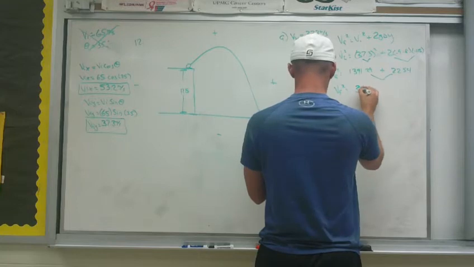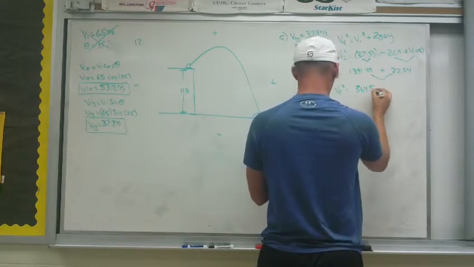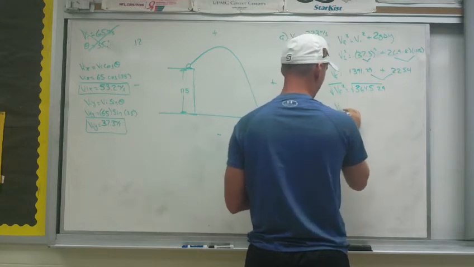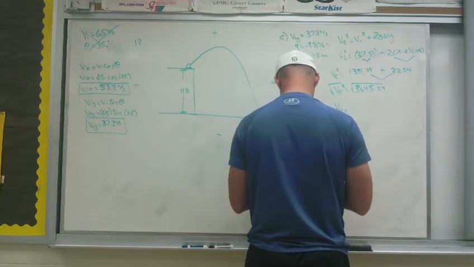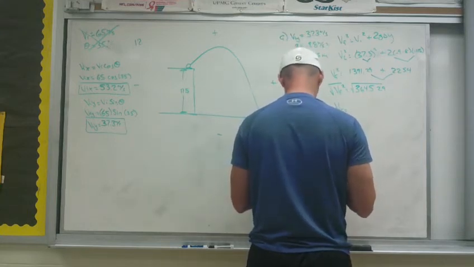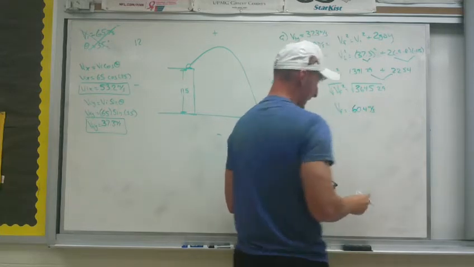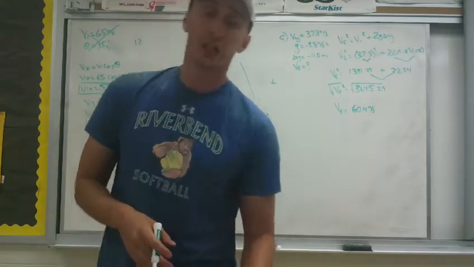Gives me 3645.29. Last, I do the square root. 60.4 meters per second. Hopefully you see, oh, Mr.